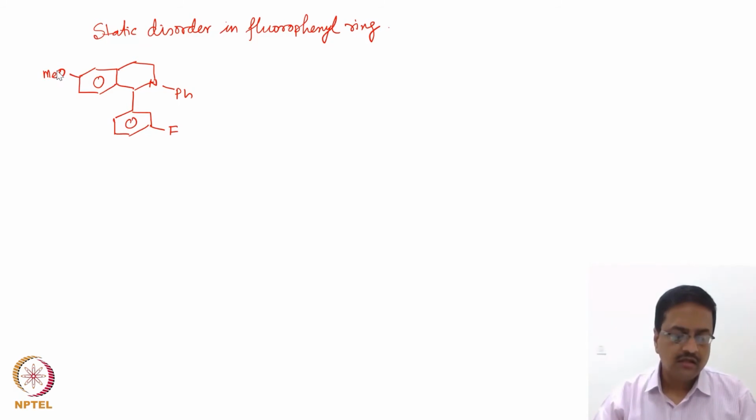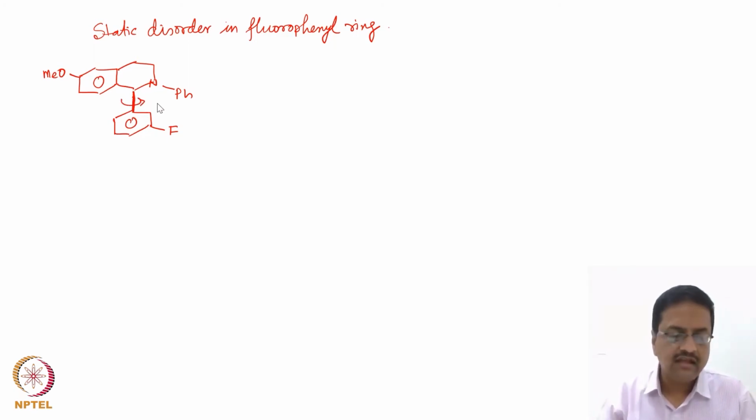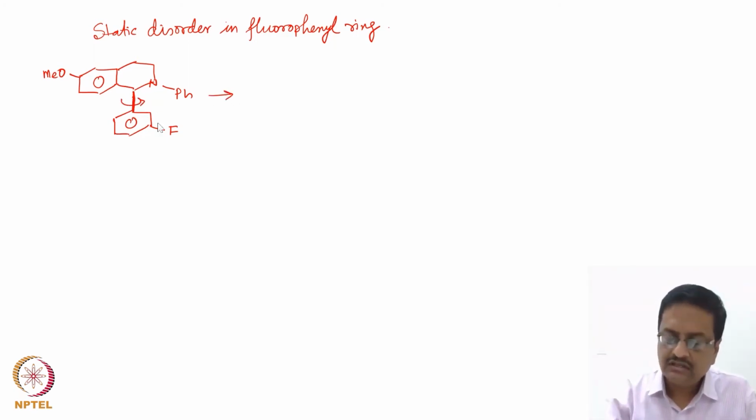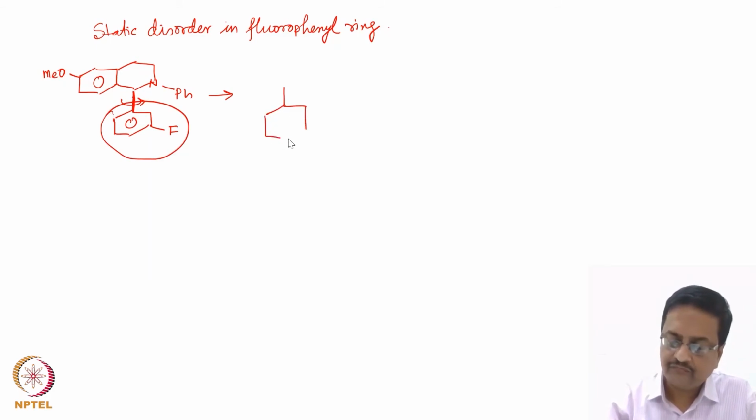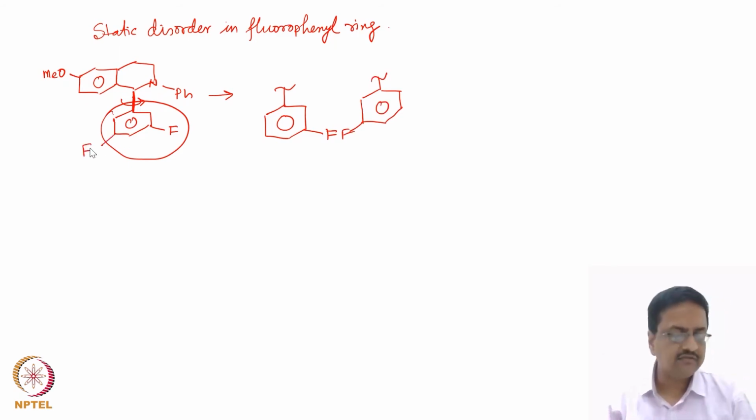What we have observed is that this CC bond is flexible. As a result, this particular phenyl ring in the structure appears as this, with the molecule connected upwards, and appears as that with the molecule connected upwards. So that means the fluorine appears on either side of this.